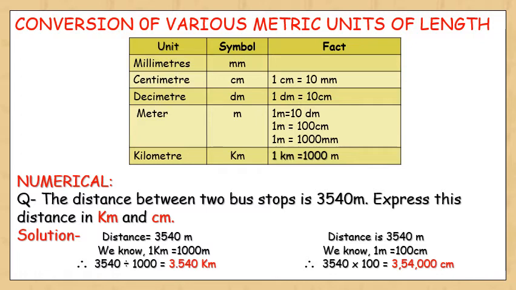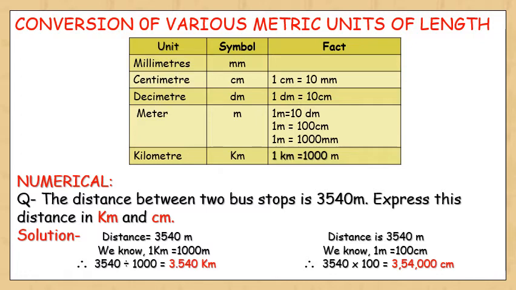Okay. Now one more thing, students. Whenever we have to convert a smaller unit into a larger unit, we will divide the number by the relevant number. Now here we have to convert smaller unit, that is meter, into the larger unit, that is kilometer. So here, what is the relevant number?